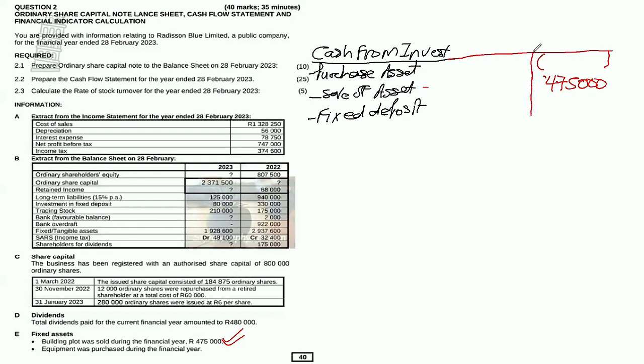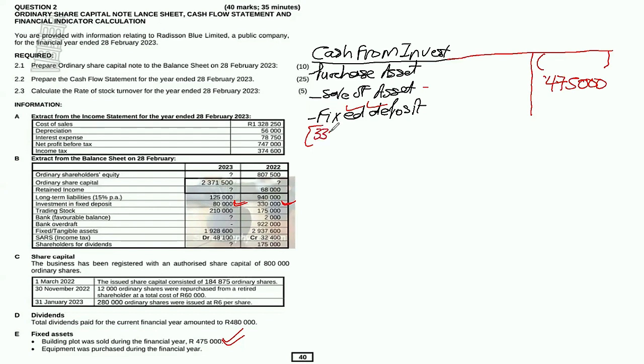Then before calculating purchase of assets, we need to check our fixed deposit, whether it increased or decreased. So when you check information P, you have the investment in fixed deposit. So at the beginning, our fixed deposit was 330,000. However, our fixed deposit in 2023 was 80,000. So it means now your fixed deposit decreased.